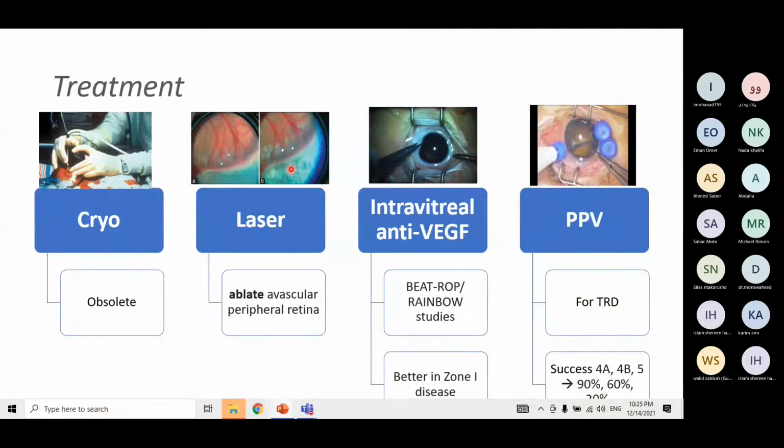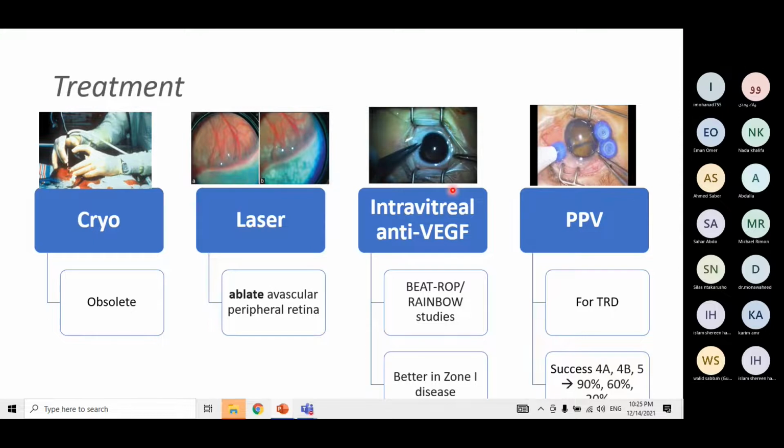Sometimes we do laser treatment. As you can see, we use the indirect ophthalmoscope and we aim the laser bursts at the peripheral ischemic retina. It's very similar to the philosophy of treatment of proliferative diabetic retinopathy. You want to ablate the peripheral ischemic retina in order to decrease the vascular endothelial growth factor, causing regression of the abnormal new vessels.